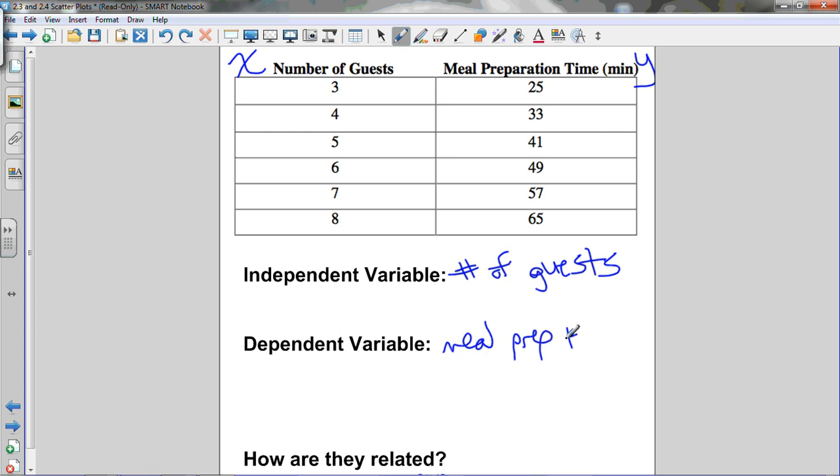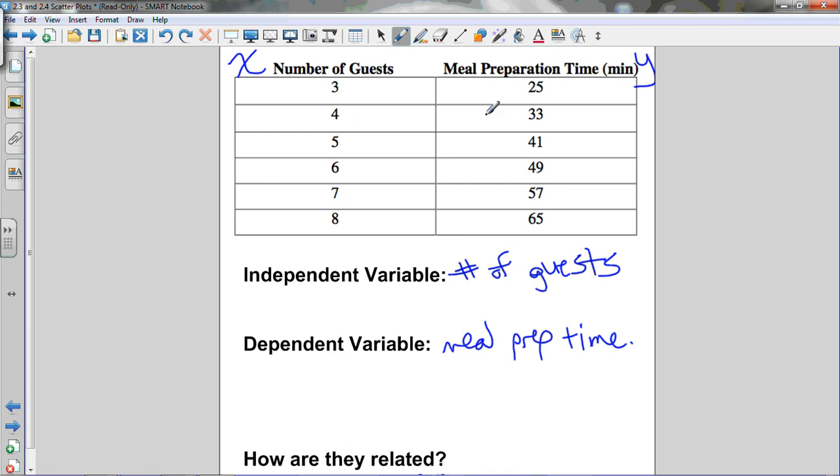Meal prep time. Okay, and let's just make sure that this is right just by thinking about it the same way we've done with the other ones. Okay, does the number of guests that are going to come to, I guess if they're having a party of some sort or a banquet or whatever, does the number of guests depend on the meal prep time?